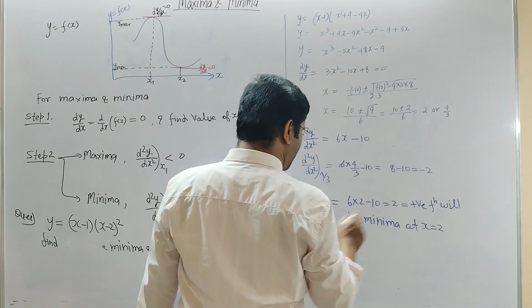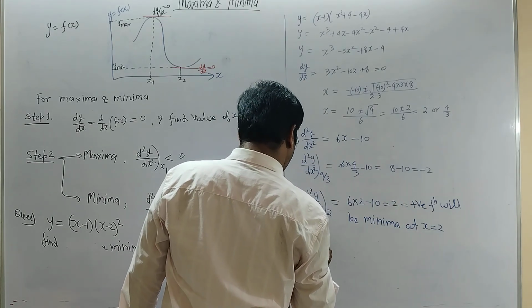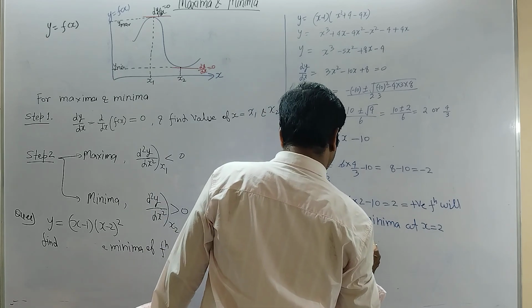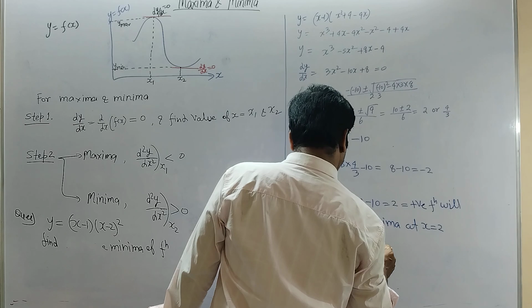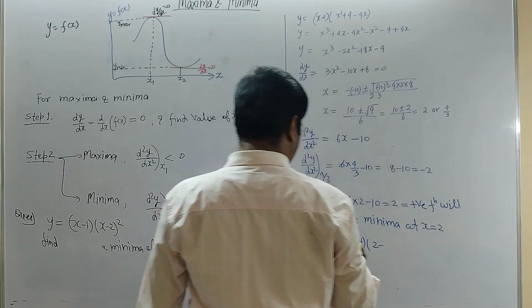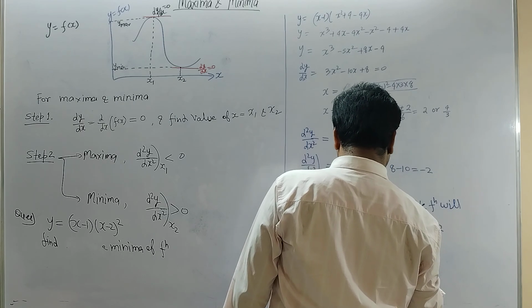So here I'm getting minima, so minimum value, we have to find out minima. So y minima will be, we will put here 2, so 2 minus 1, this is 2 minus 2 square, so this value is going to be 0.